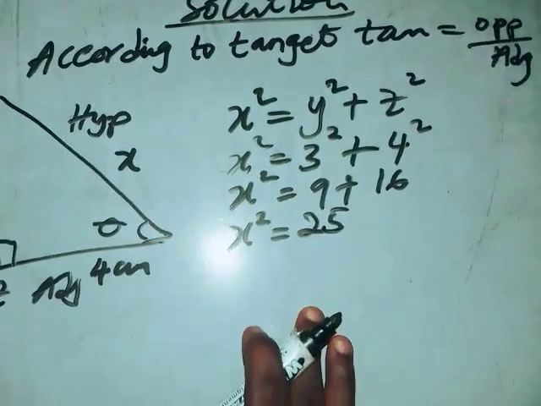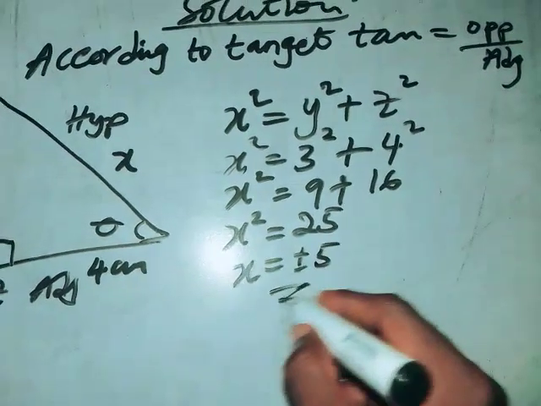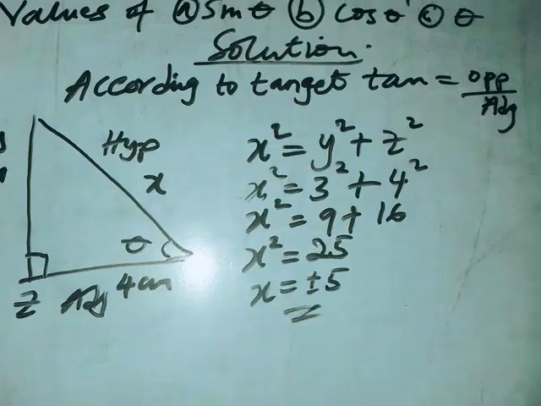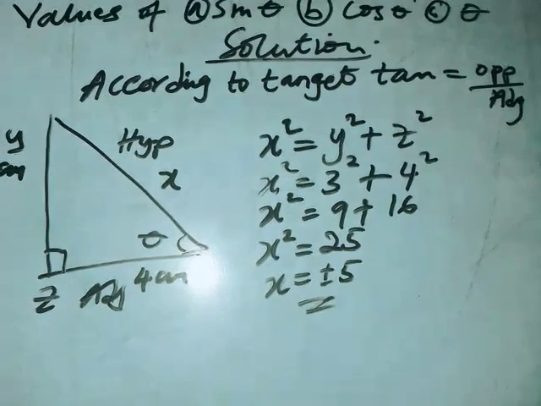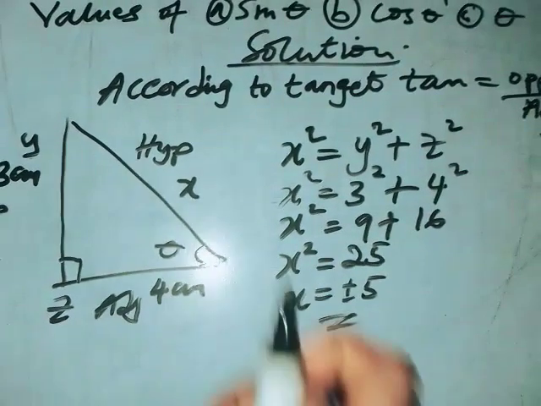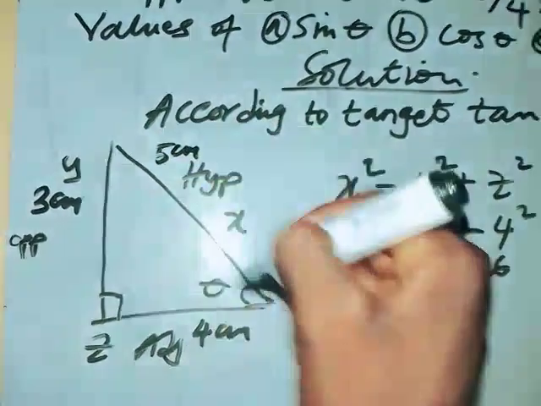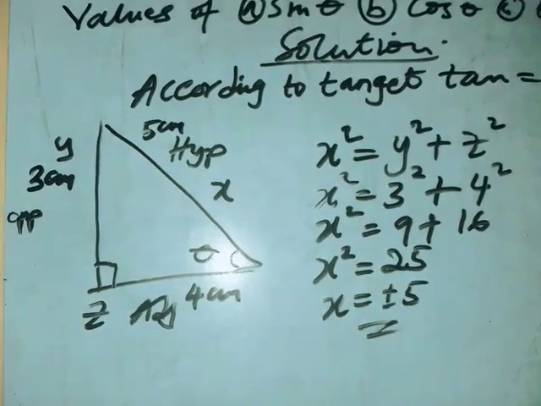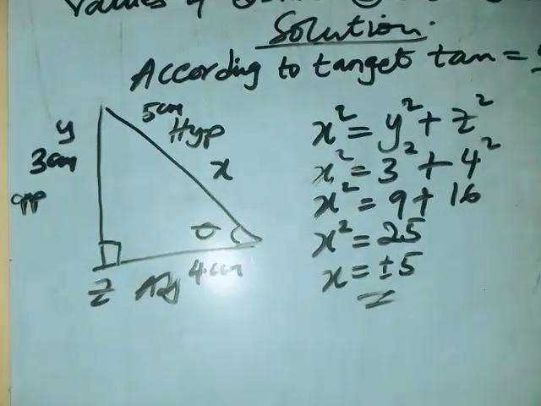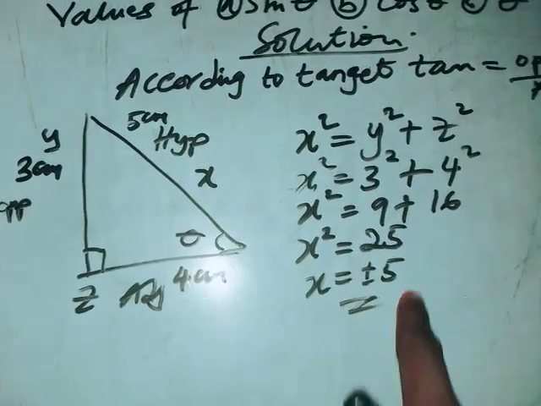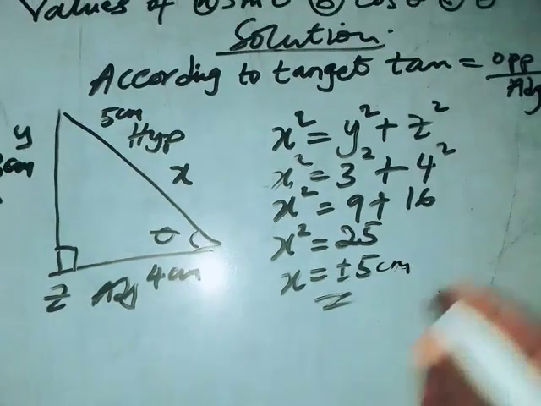If you take the square root of both sides, x will be equal to plus or minus 5. Now the hypotenuse x is known, which is 5. So you can call this side 5 centimeter. It was unknown, but by using the Pythagoras theorem, we have found our hypotenuse to be 5 centimeter.